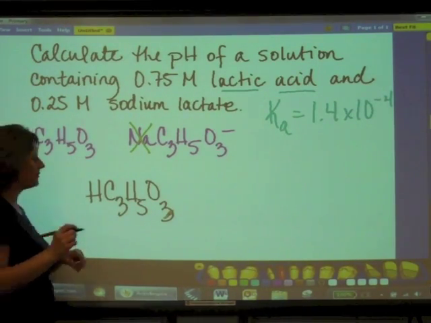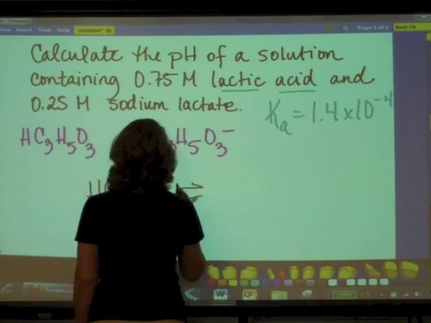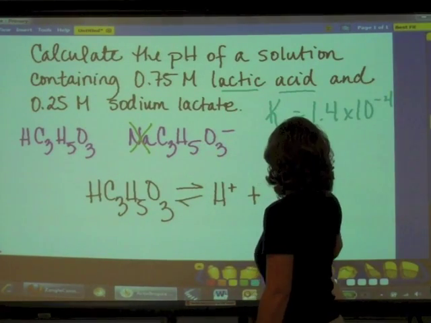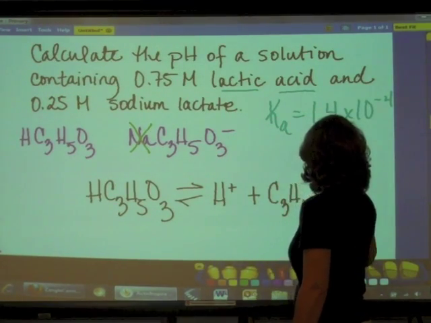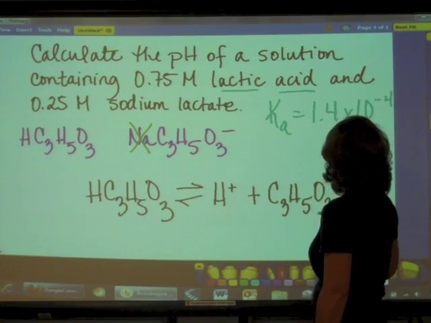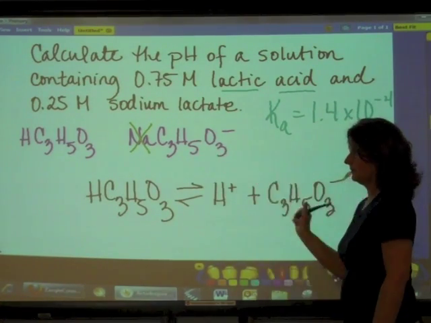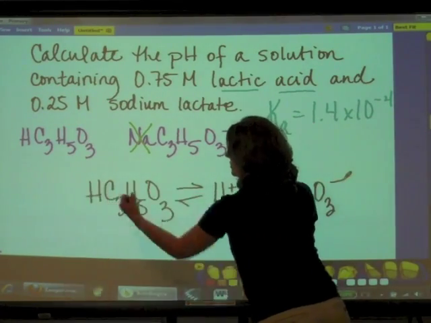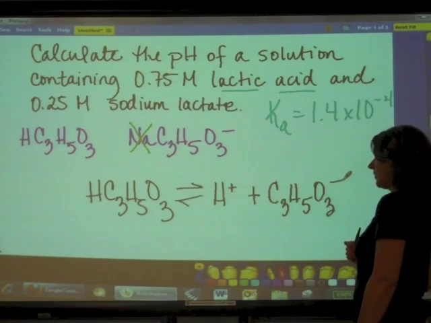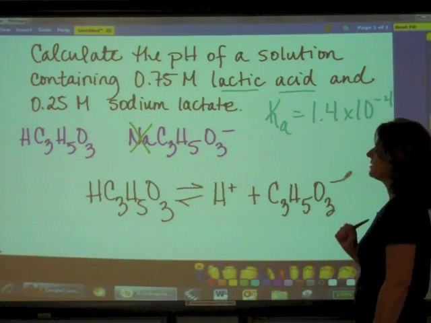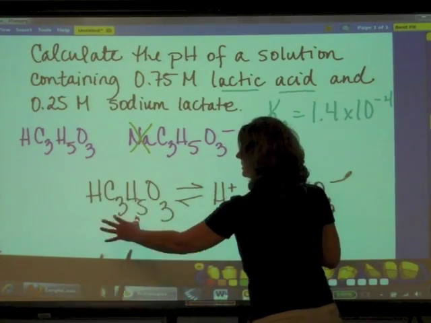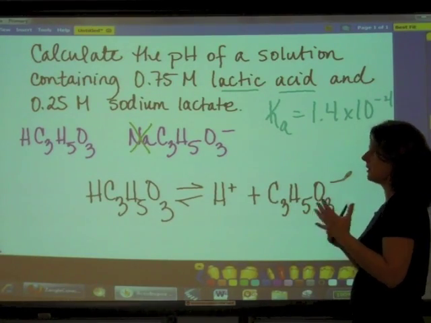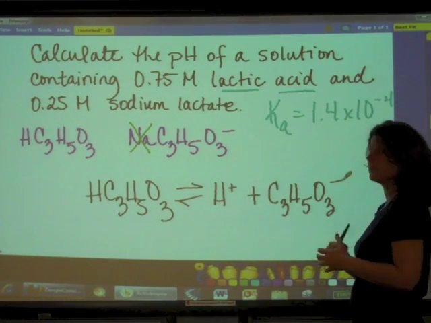No, it's just going to dissociate into hydrogen plus C3H5O3 minus, right? That's not where this is coming from, of course. This is coming from the dissociation. All right. So it's an acid dissociation, but we don't only have the acid. We also have its common ion initially in solution coming from the sodium salt of this ion.